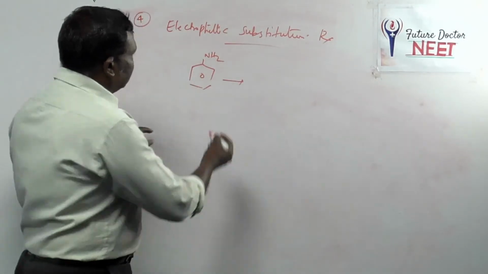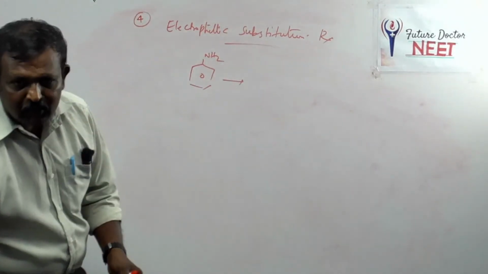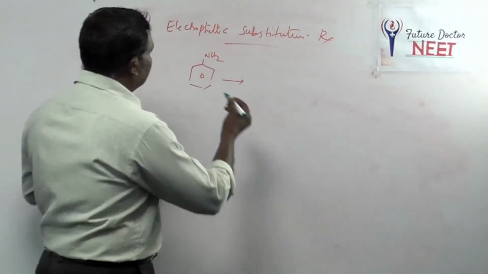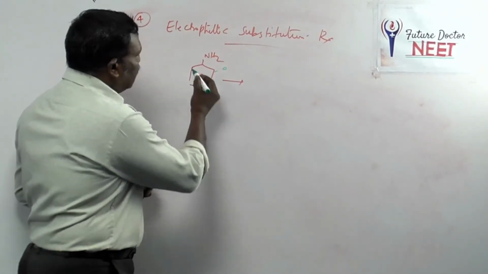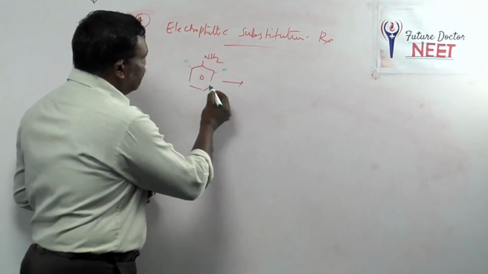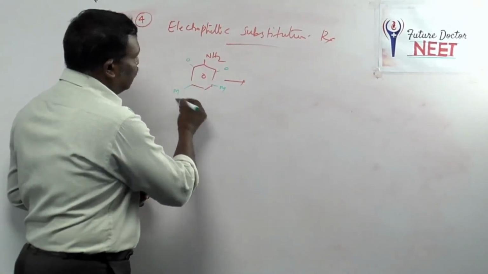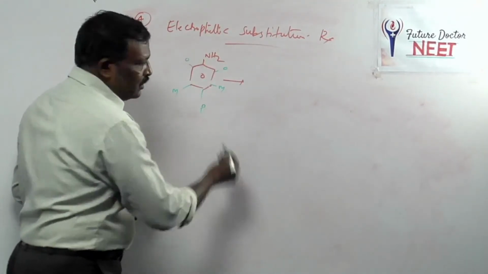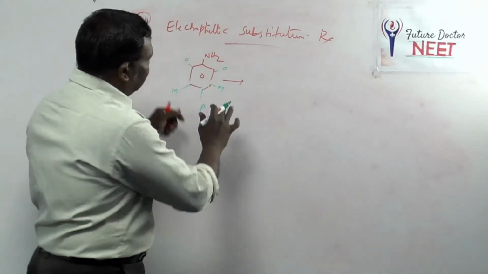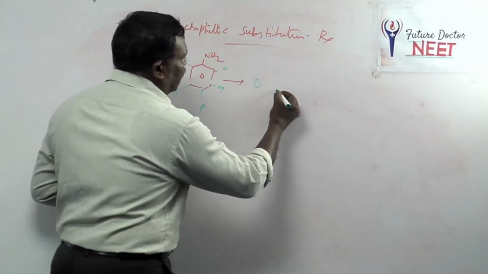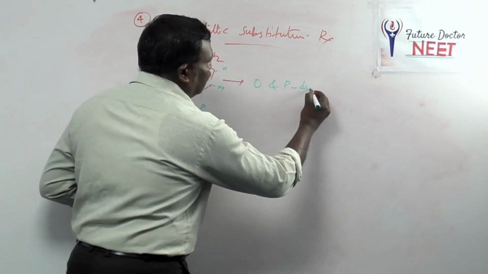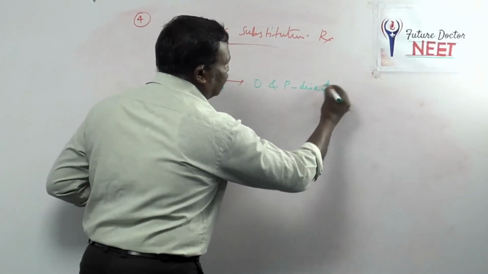You know the ortho position, no? This is ortho, this also ortho. This is meta, this also meta. This is para. So aniline means, first of all, you should remember, it is ortho and para directing. Sometimes meta is also there.